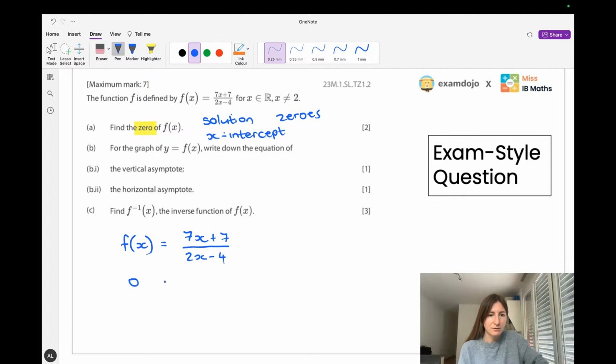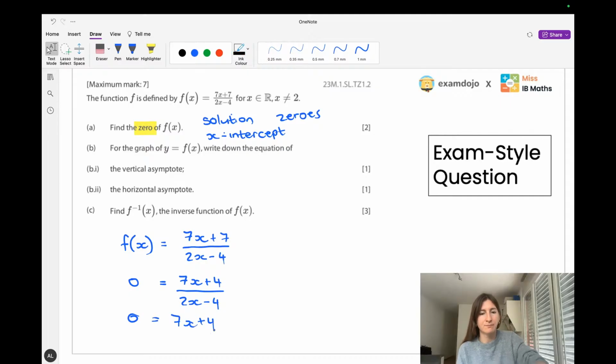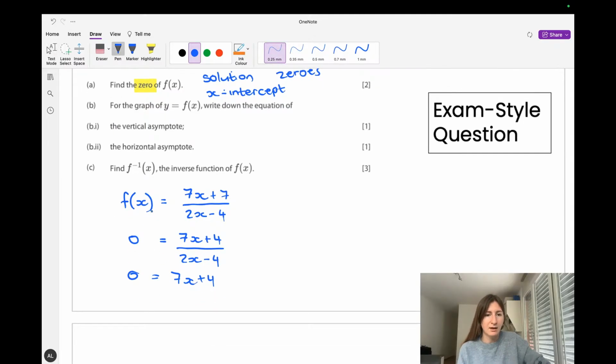So when that is equal to 0, we can solve. Multiply by this on the other side, so we get 0 equals 7x plus 4. And that will give us 7x equals minus 4, so x equals minus 4 over 7.